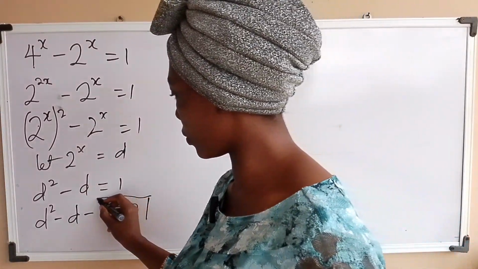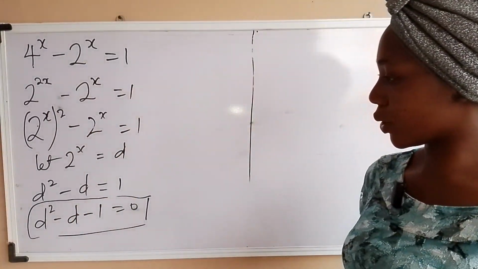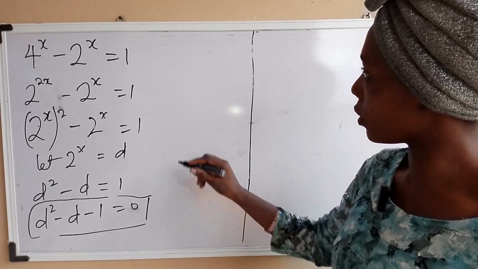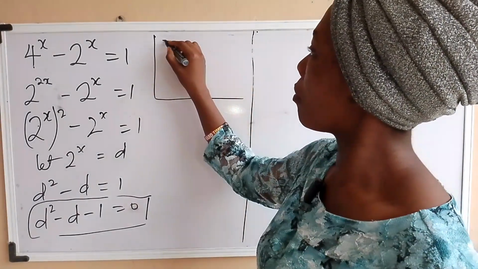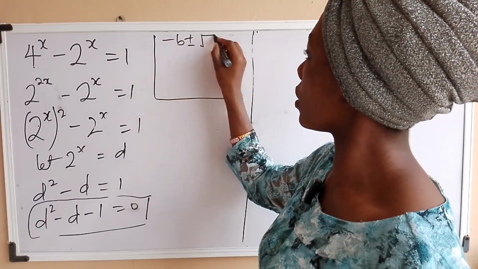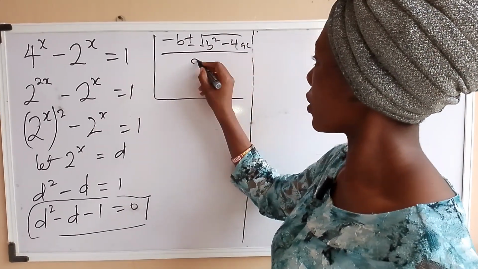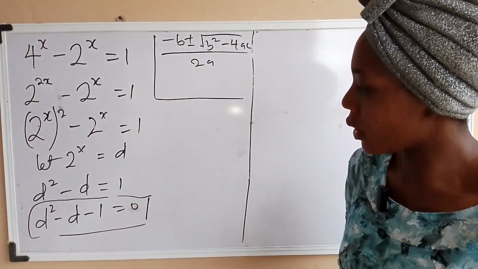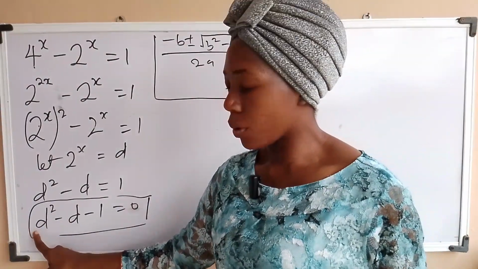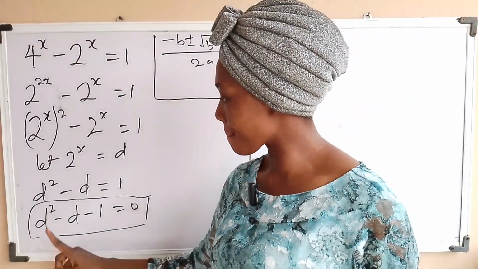So this is a quadratic equation. So let's solve using this formula: minus b plus or minus square root of b squared minus 4ac all over 2a. So here the coefficient of d squared is a.